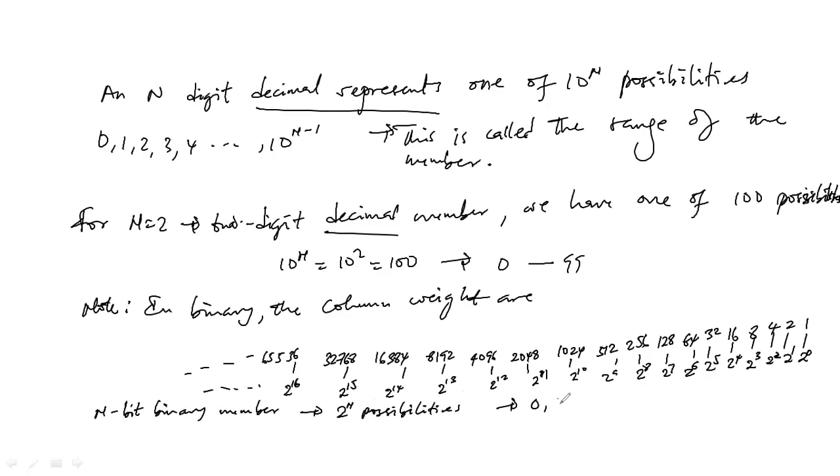Such that we have 0, 1, 2, all the way to 2 to the power of n minus 1.